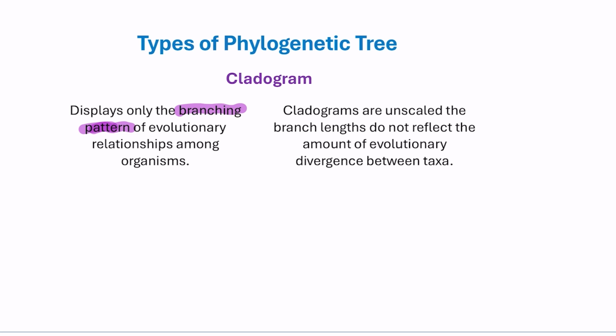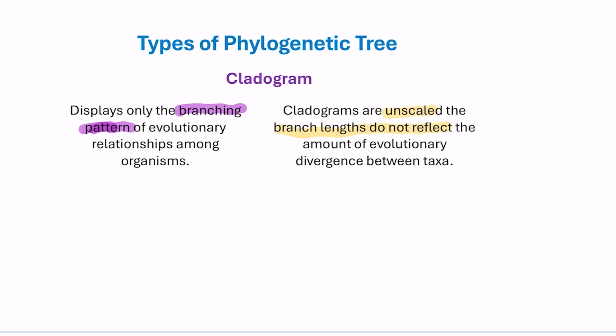A cladogram is unscaled. The branch lengths do not reflect the amount of evolutionary divergence between taxa. Two things are important here. The first is that it gives you only a branching pattern of the species.